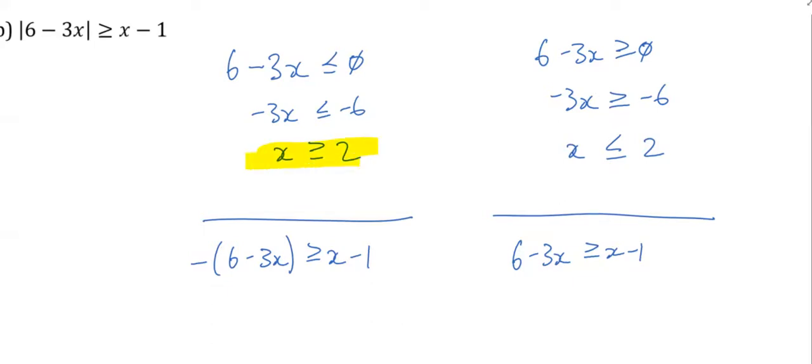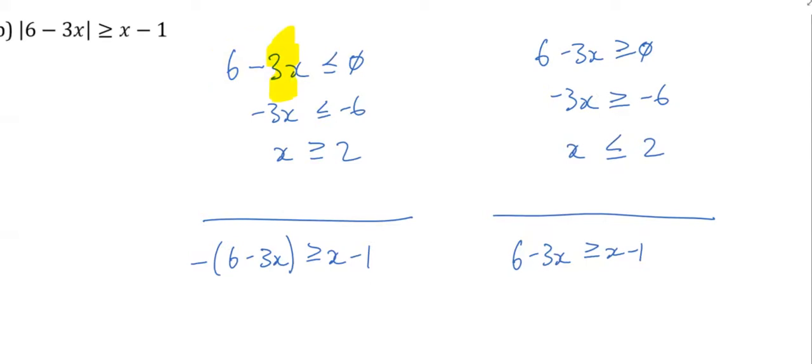So what's a number bigger than 2? 4. 3 times 4 is 12. 6 minus 12 is negative 6. But it's absolute value, so I got to multiply by a negative to give it a positive. So all values bigger than 2 will make this negative. You can see that when you see that 6 minus 6 is 0. And anything bigger than 2 will make this bigger than 6.